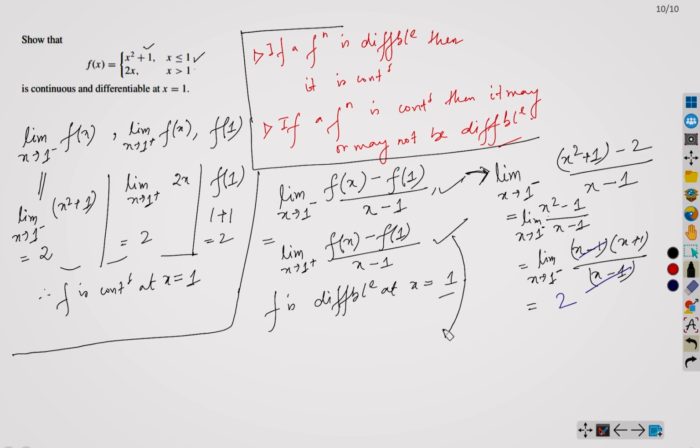Now we have to check the right hand limit, x tends to 1 plus of f(x). Since x tends to 1 plus, we take f(x) as 2x, minus f(1), and f(1) is 2, upon x minus 1.